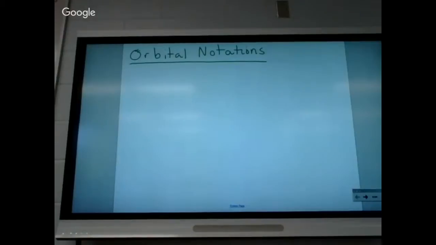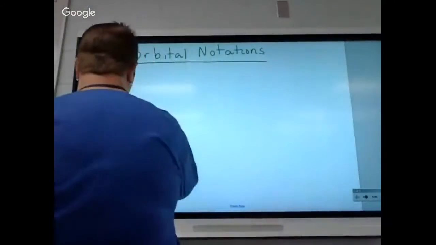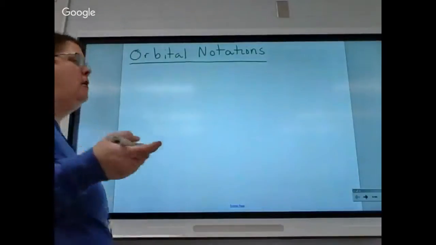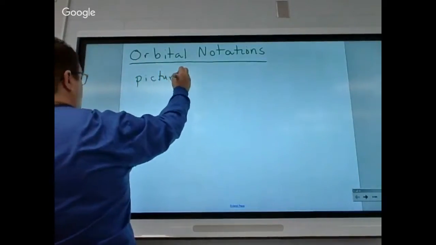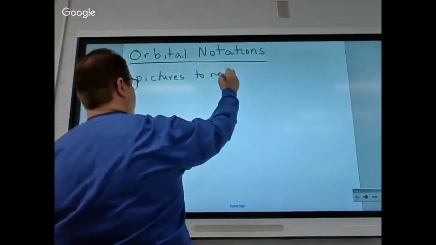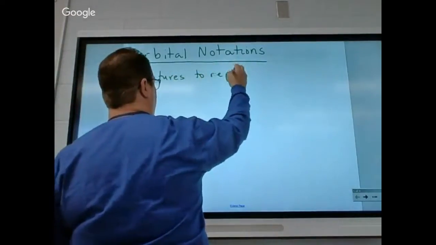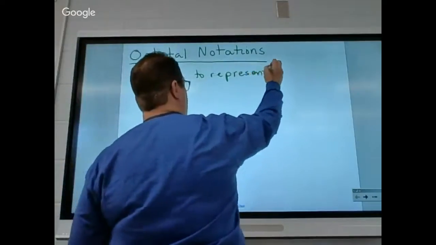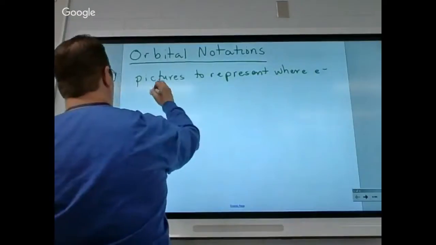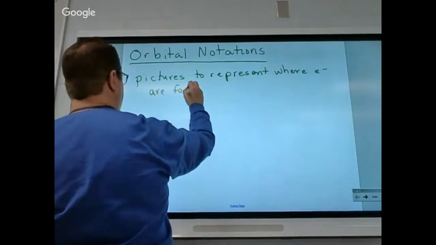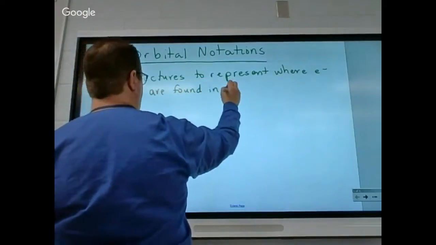Now, orbital notations. In order to be able to draw orbital notations, we need to talk about the rules that go with orbital notations, and there are 3 of them. Before we can talk about those, first of all, these are just pictures to represent where electrons are found in an atom.